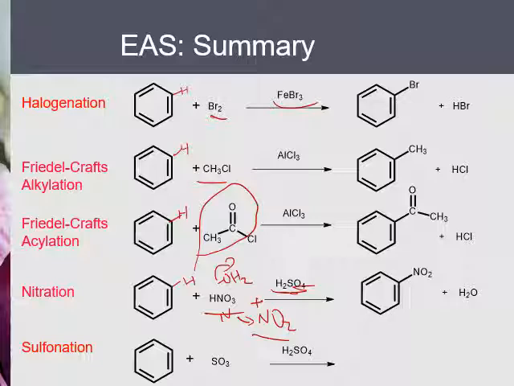In sulfonation reaction, sulfur trioxide is first protonated by sulfuric acid, forming HSO3 positive, and then the pi bond attacks, and one of the hydrogens is replaced by HSO3. So the product has SO3H on the benzene, which is called sulfonic acid.